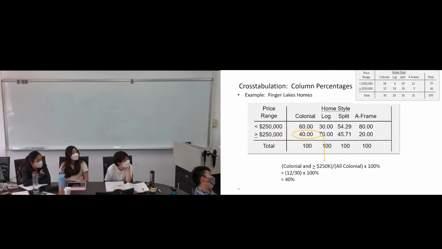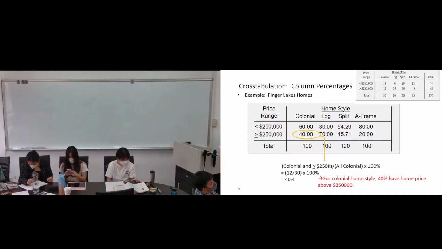In this case, we should focus on column. So for the homeowners, if they purchase colonial, 40% of them have the home price above $250,000.